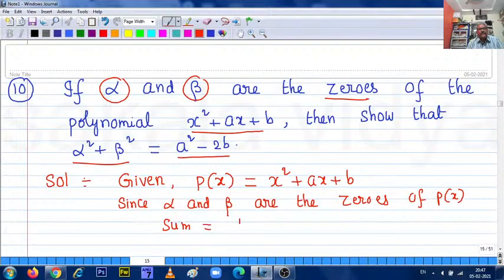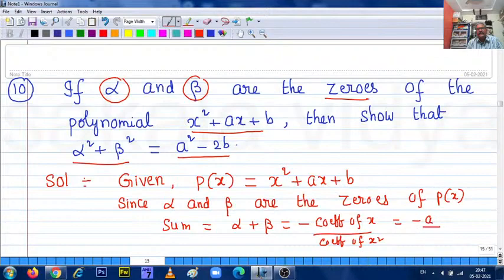Sum equals alpha plus beta. Alpha plus beta means minus b by a. That is actually minus coefficient of x by coefficient of x square. This is the original formula. So coefficient of x means here a, but minus there, minus a, upon coefficient of x square 1. So this is minus a, or minus b by a also. B is actually a is 1 here, c becomes b.